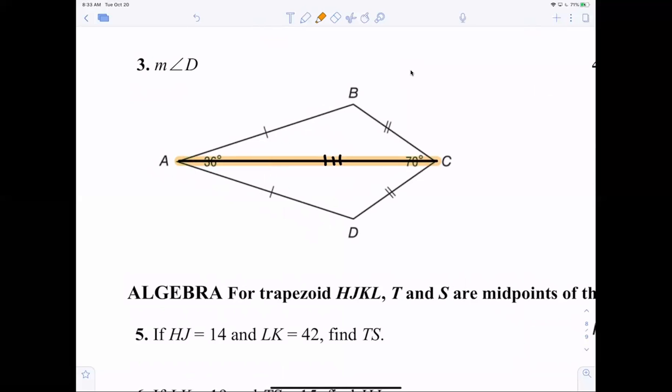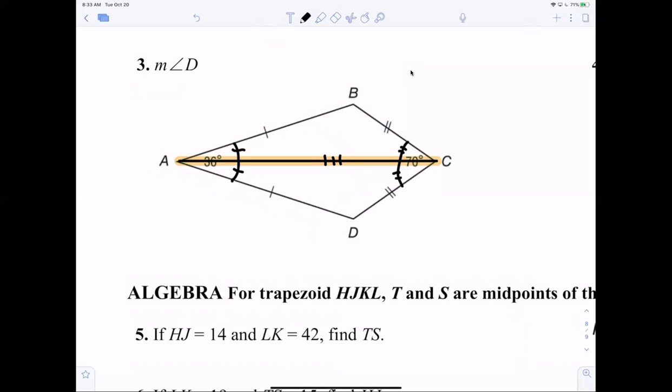It bisects. Again, I always remind you, there's no way to remember all these rules. Just draw it for yourself. We said the triangles are congruent, therefore these two angles have to be equal and these two angles have to be equal. That's how you can tell that the diagonal bisects those two angles.